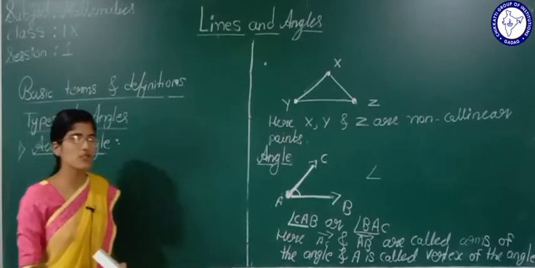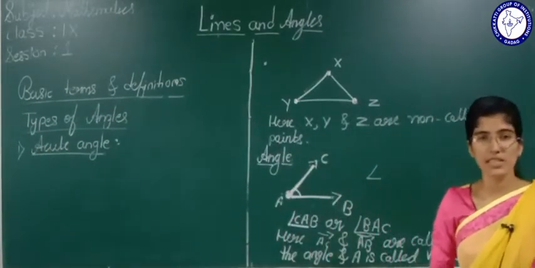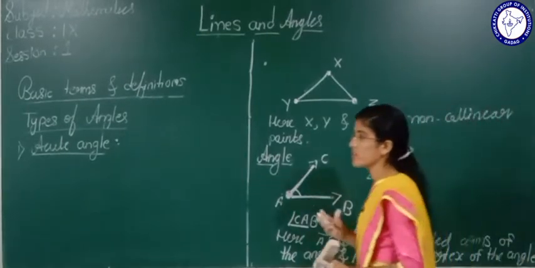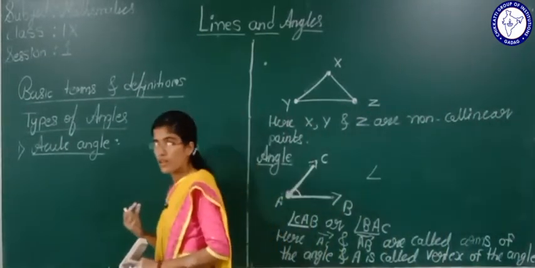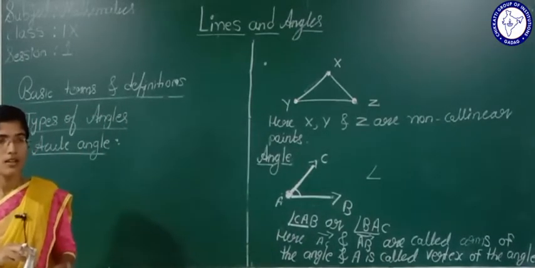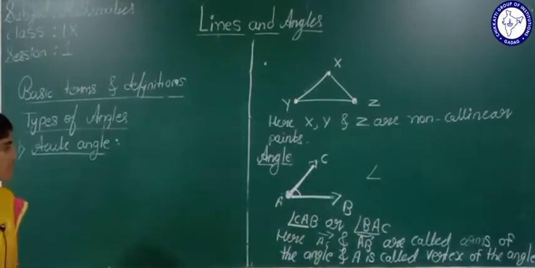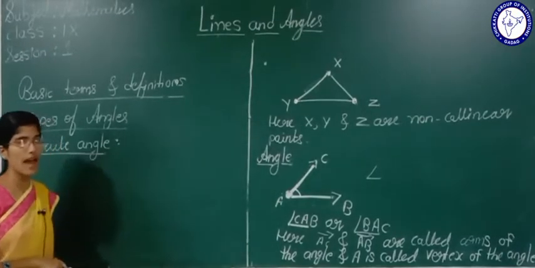Okay, what is acute angle? You have learnt already. Tell me, students. An angle that measures less than 90 degree is called acute angle.